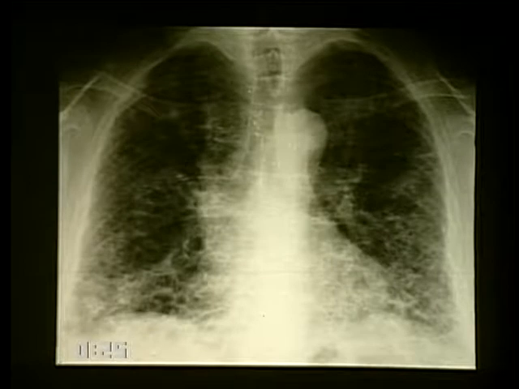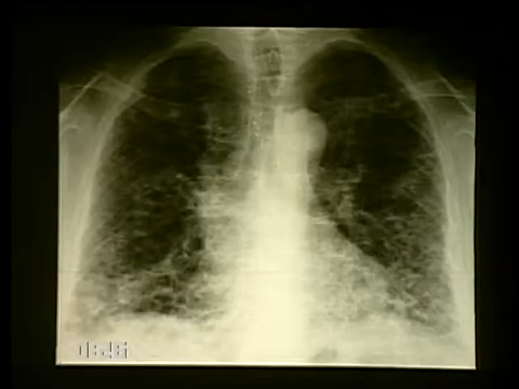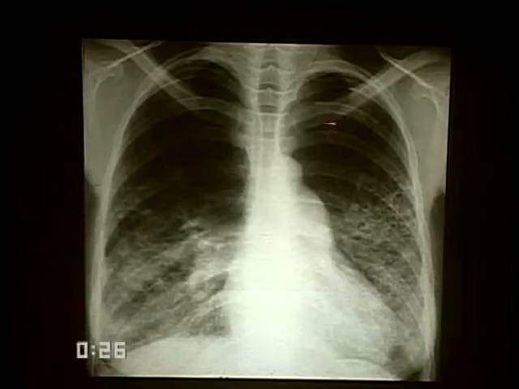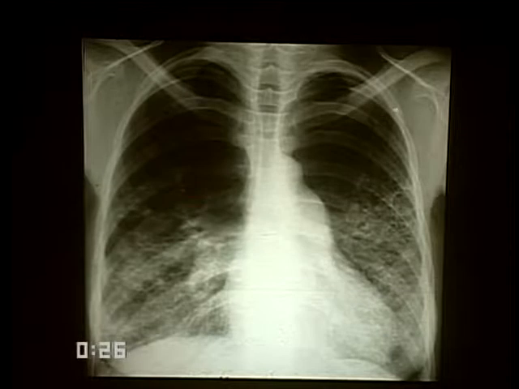They both tend to involve the bases. Mixed connective tissue disease is the only one of these diseases that I have seen produce an emphysema-like abnormality in the upper zones.